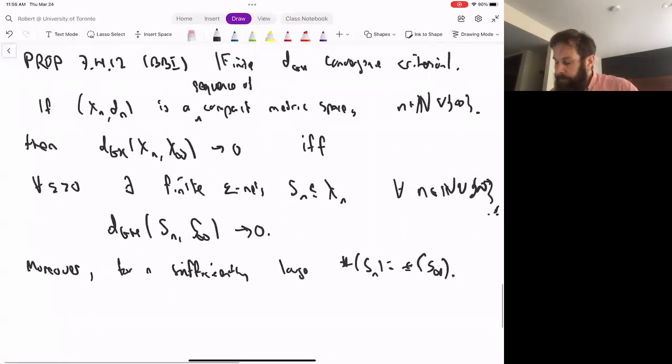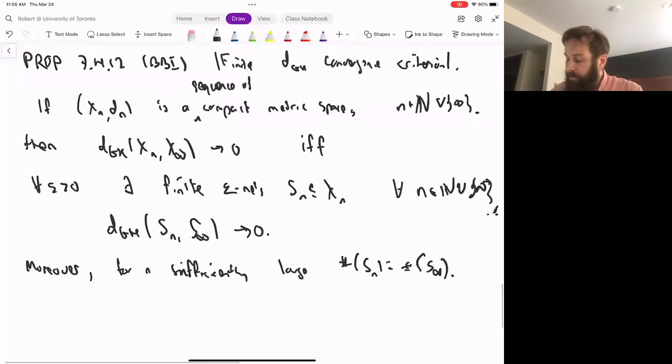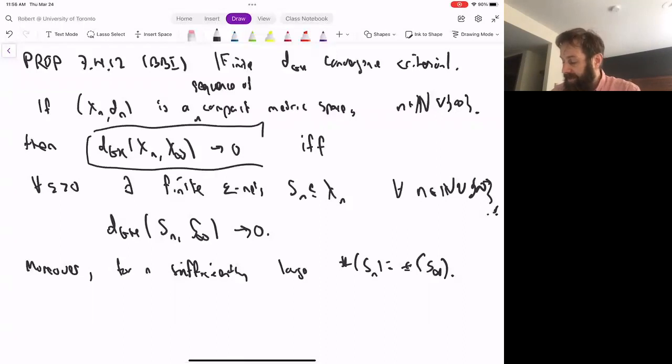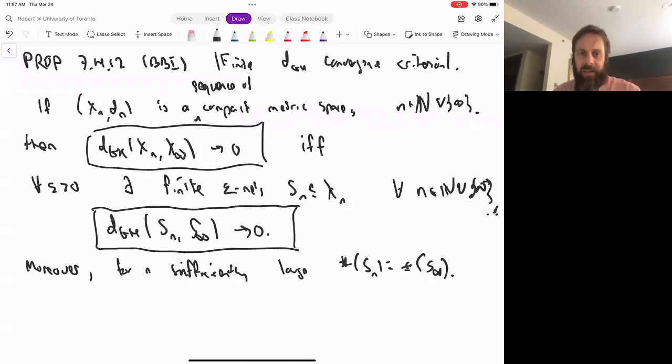Okay. So in other words, when I want to check Gromov-Hausdorff convergence of something, it's enough for me to check it for finite subsets, provided the finite subsets can be taken to be sufficiently fine in the thing that I'm trying to check the Gromov-Hausdorff convergence of.